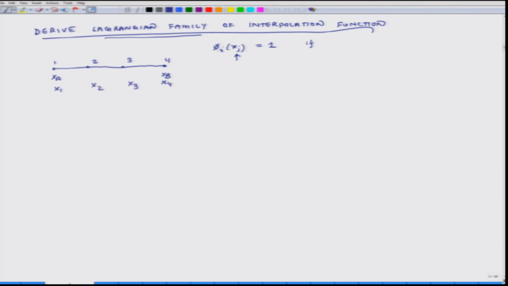So, the value of phi i at x j will be 1 if i is equal to j, and this will be equal to 0 if i is not equal to j.